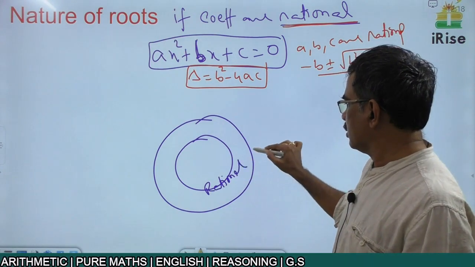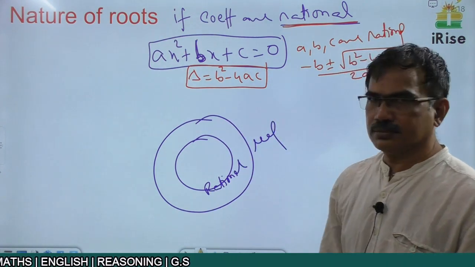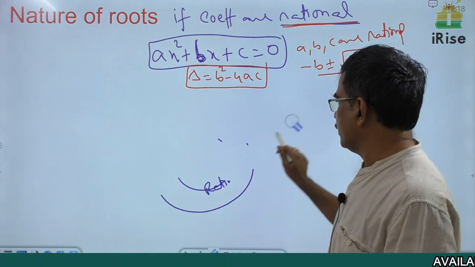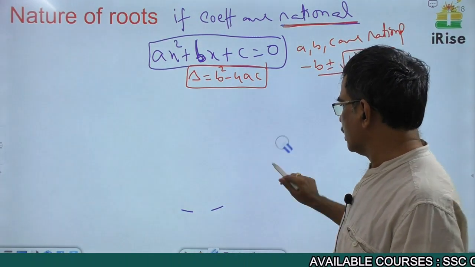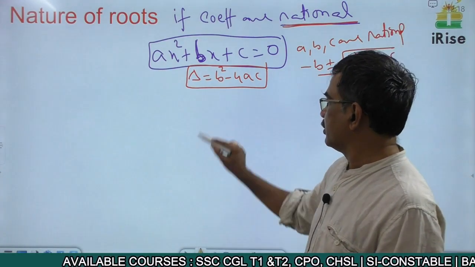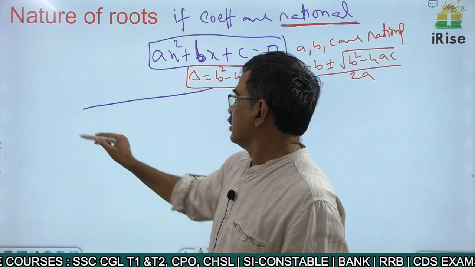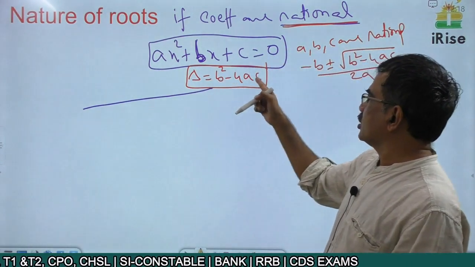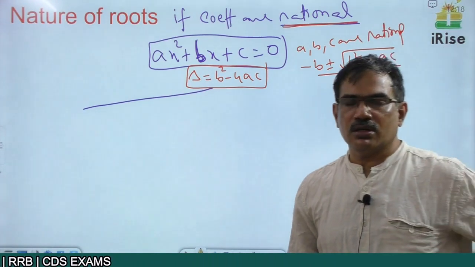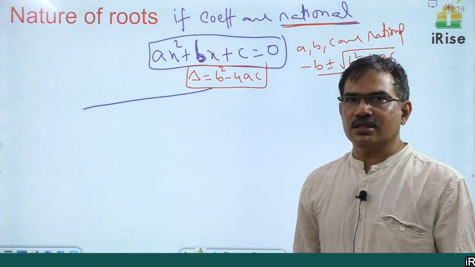Understood? So, every rational number is a real number, but every real number is not a rational number. Here, a is rational, b is rational, c is rational, b square minus 4ac is also rational. And already this is real.